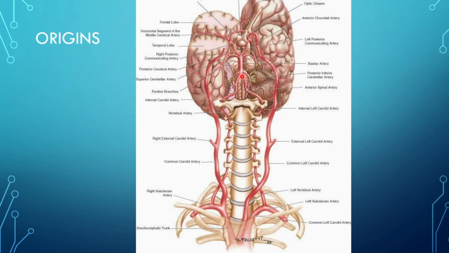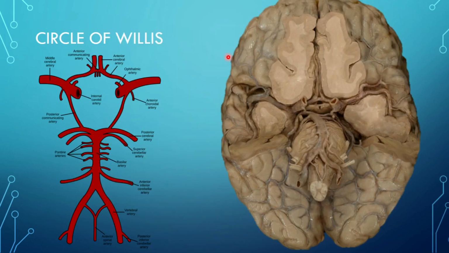So that vertebral system can also be called the vertebro-basilar system. And it's branches of that basilar artery, that union between the two vertebral arteries, that give off branches that will connect with branches of the internal carotid to form the circle of Willis.